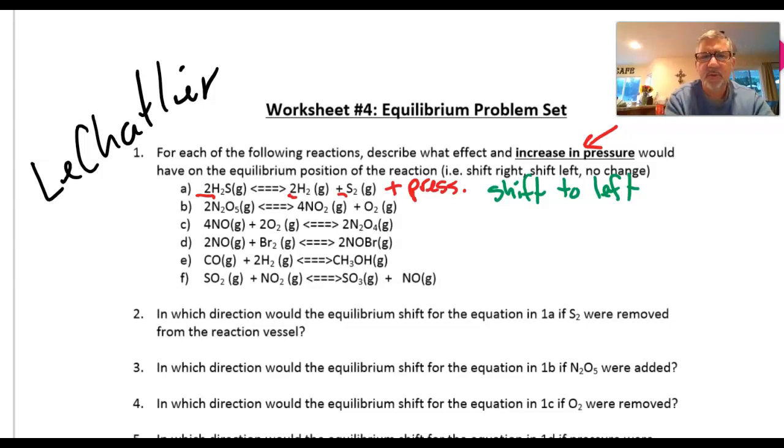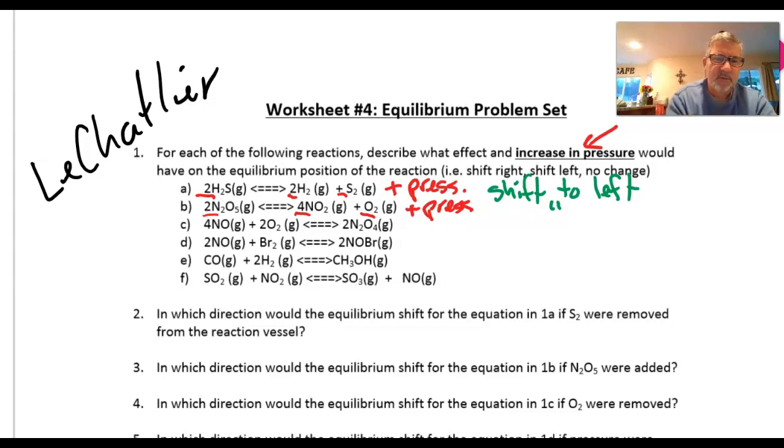Okay, so if we look at the next one, I have 2 moles here and 5 moles here, so this is plus pressure. This should be exactly the same thing. Let me see if I can find one that's different.